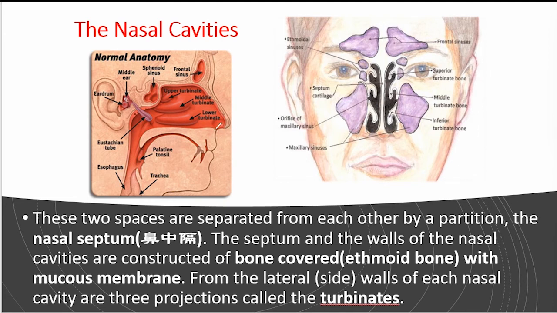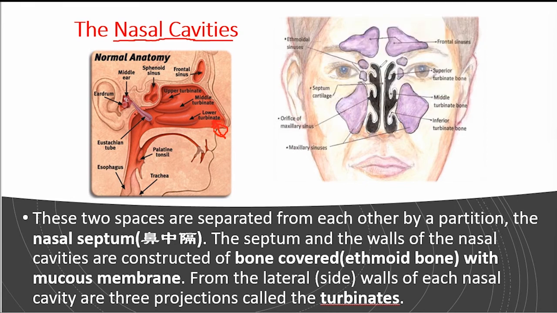That's the open part of the nose here. The air comes in from the open part and then goes inside the nose. We have a big space there. That's what we call nose cavity.